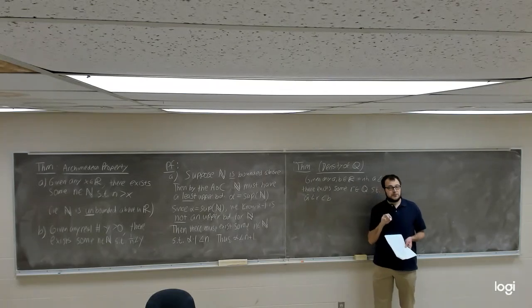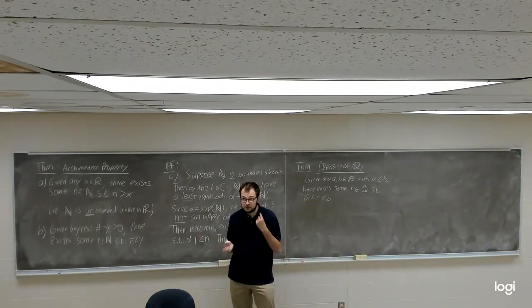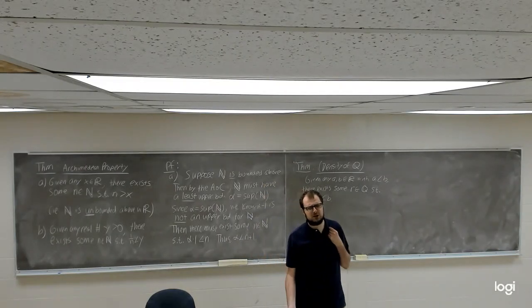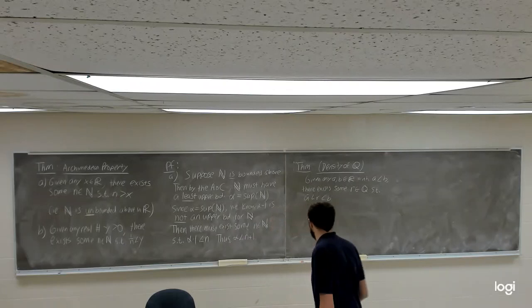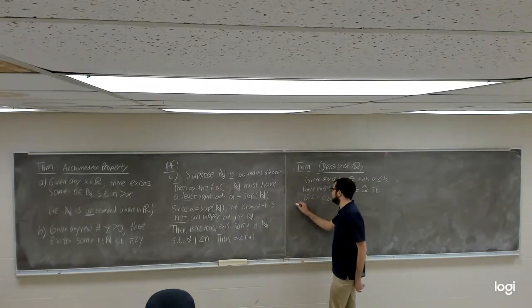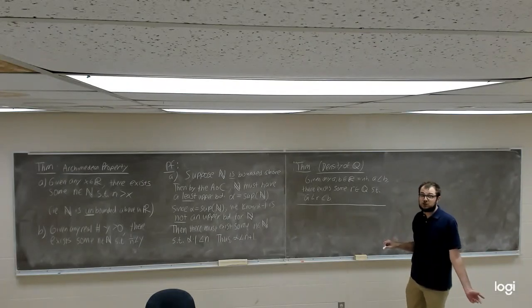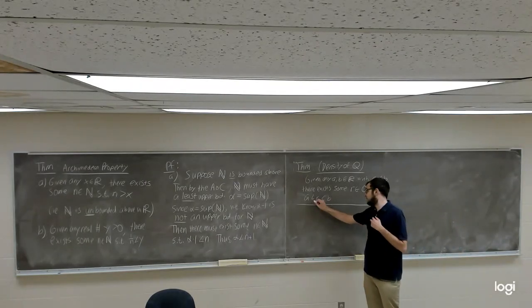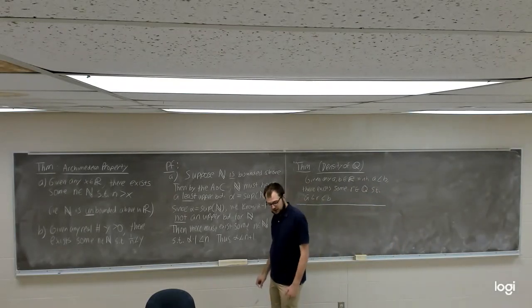In other words, anywhere you see a real number, there's a rational number very close to it. No matter how small an interval of real numbers you give me, I should always be able to produce some rational number that can squeeze inside that interval, strictly in between a and b. So let's see if we can prove this.